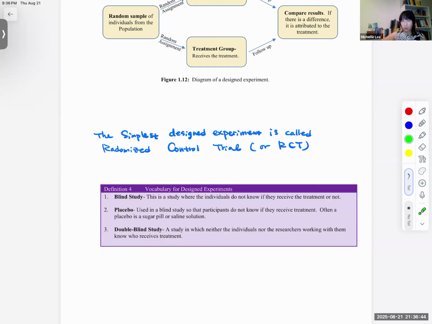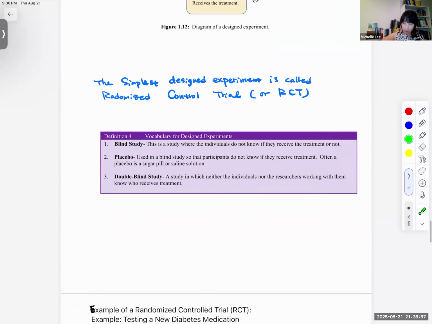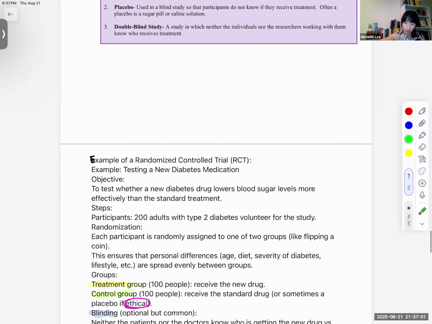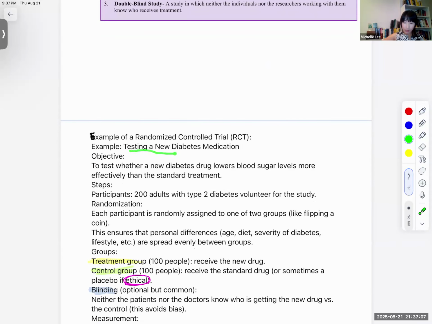Okay, so make sense? All right, so I brought here one example of a randomized control trial. Let me read it so that we can understand everything. Example of a randomized control trial, RCT: testing a new drug for diabetes medication.